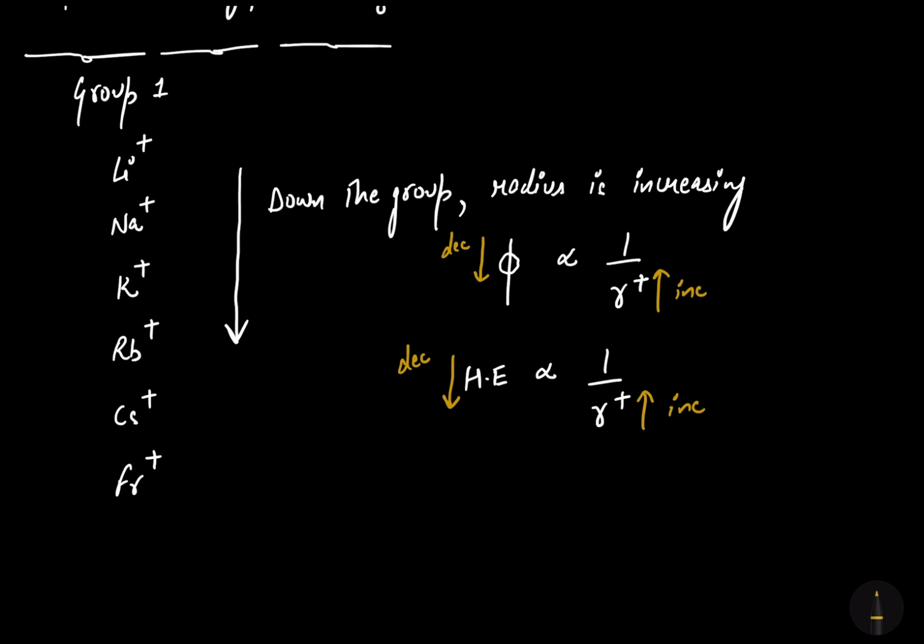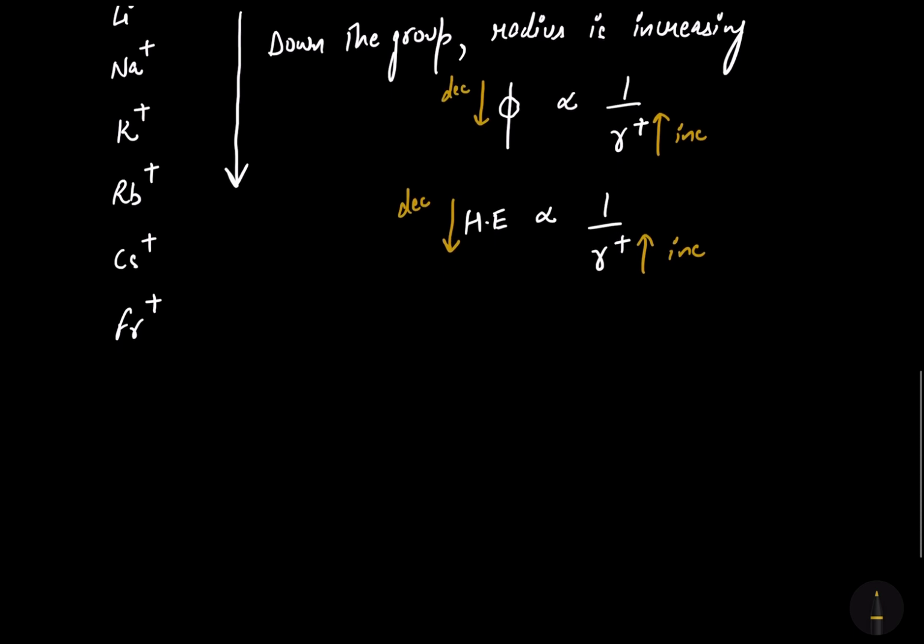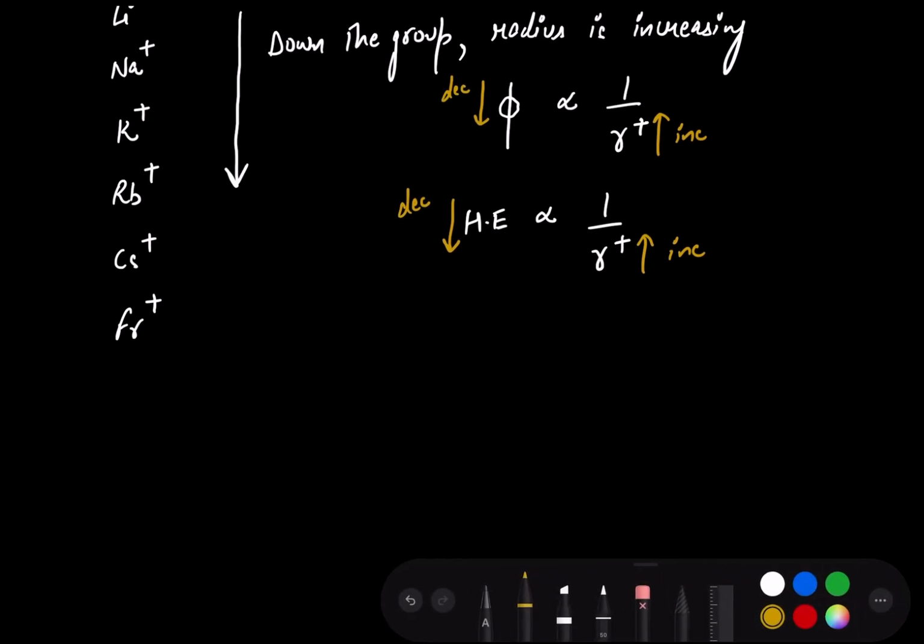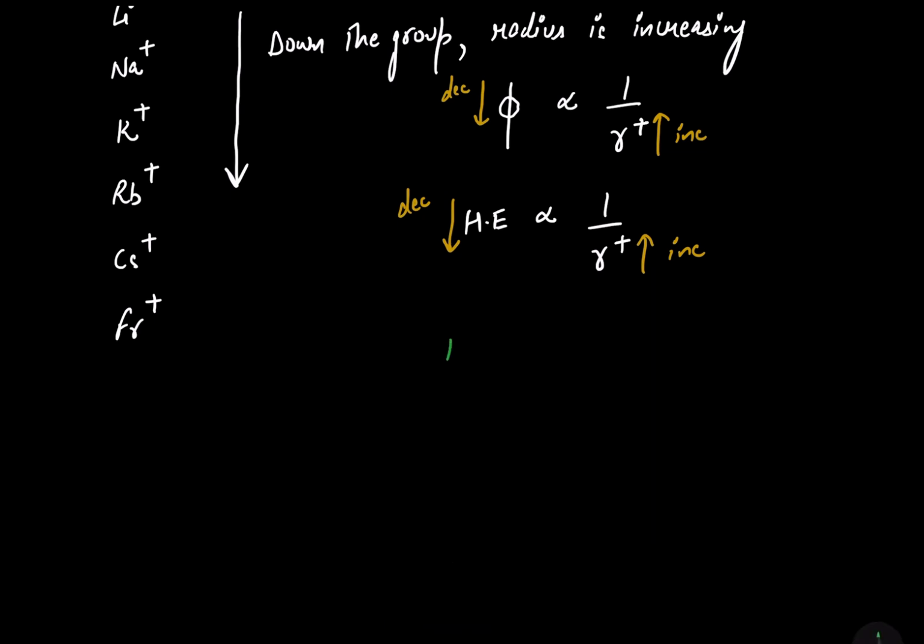But on the other hand, what we have done in the previous lecture is that lattice energy is also inversely proportional to the radius of cation. If we are talking about only cation, then in this case also, as we move down the group, the radius of cation will increase, due to which lattice energy will also decrease.